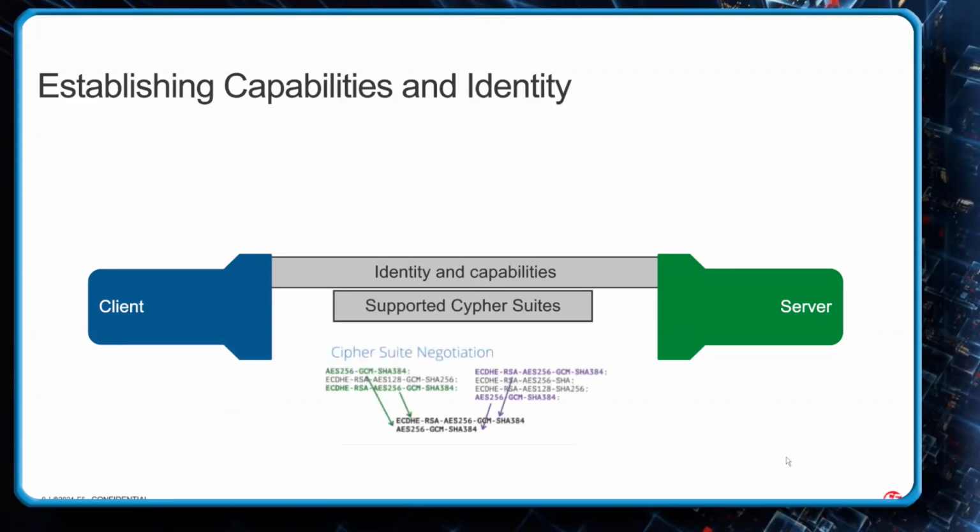The client will supply the server with a list, and equally the server will supply the client with a list. A negotiation happens, and the highest commonly supported cipher will be the result. They agree upon a key, and from there on, the bulk of the traffic can be encrypted.